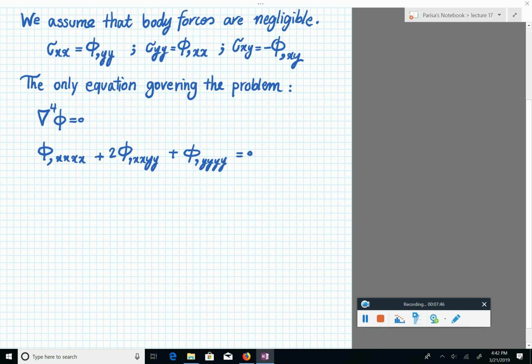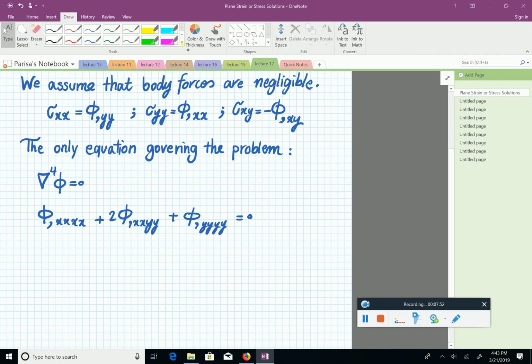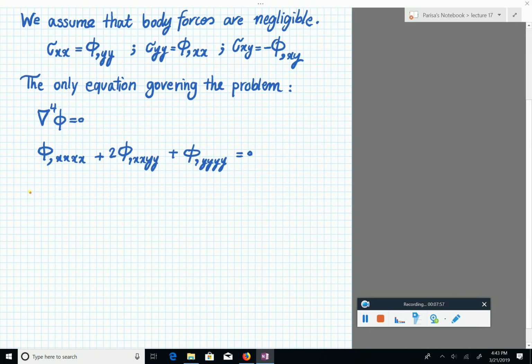So we consider two types of solutions in this class. There are many types, and one type is power series or polynomials.